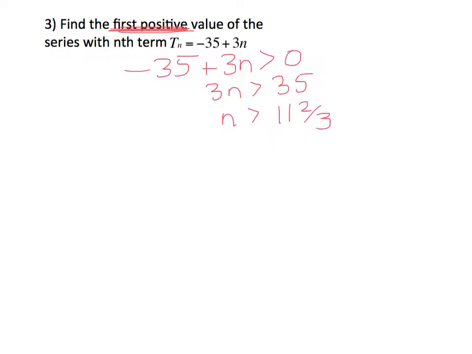Now remember, n is the number of the term. Like n equals 1 is the first term, n equals 2 is the second term. So n is always going to be an integer. So if n has got to be greater than 11 2/3, the first integer after 11 2/3 is 12. So the 12th term is going to be positive.